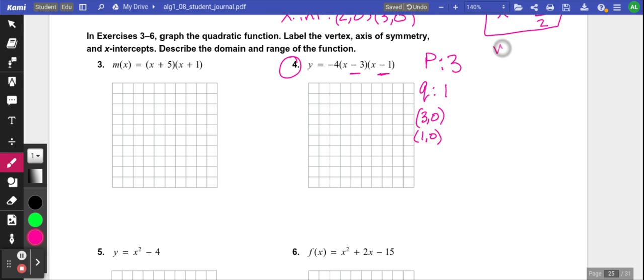And now I want to find my vertex. Okay, which my x is going to be this P plus Q all over 2. Okay, so 3 plus 1, it's halfway in between. 3 plus 1 divided by 2, again, 4 over 2.